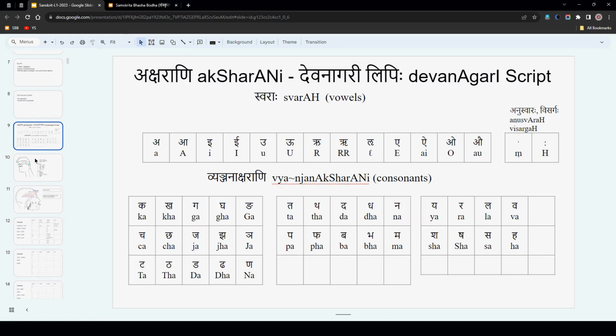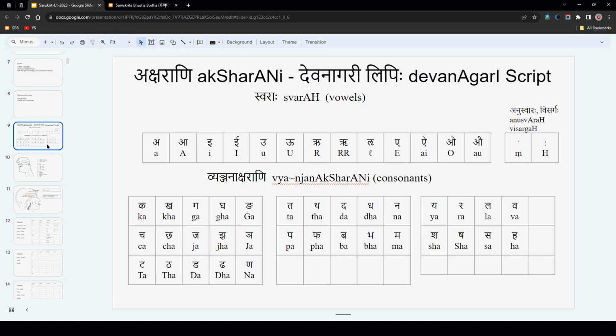Last week we had the introduction to what is Sanskritam, and the importance of Sanskritam briefly. We started looking at the aksharani, or different sounds, the varnamala we call it in Sanskritam, which are used to form words in the Sanskrit language.